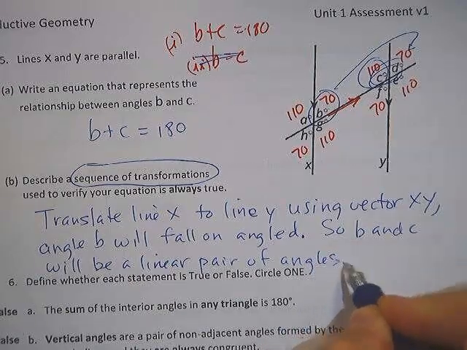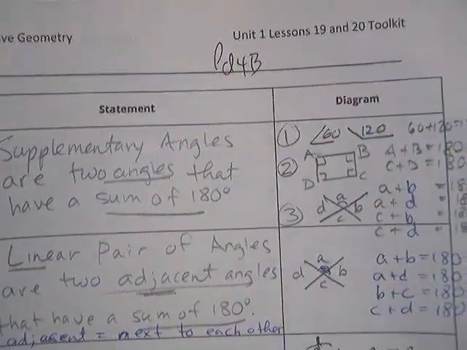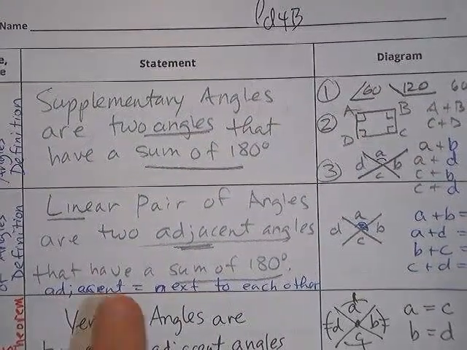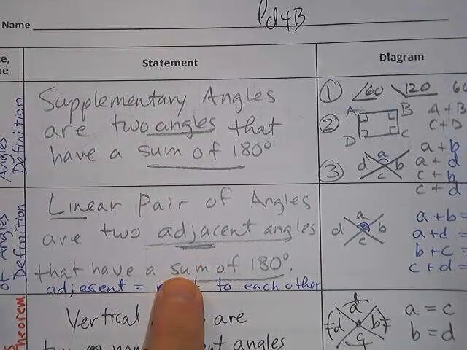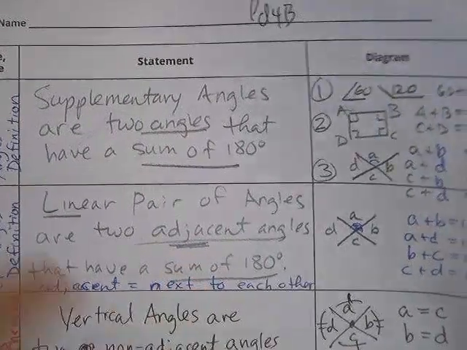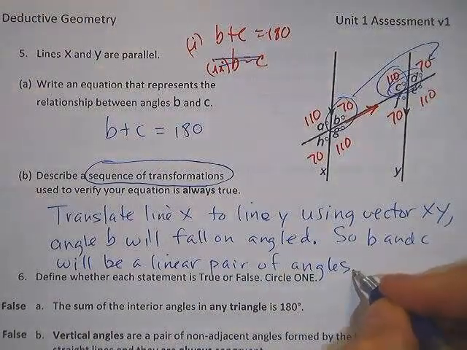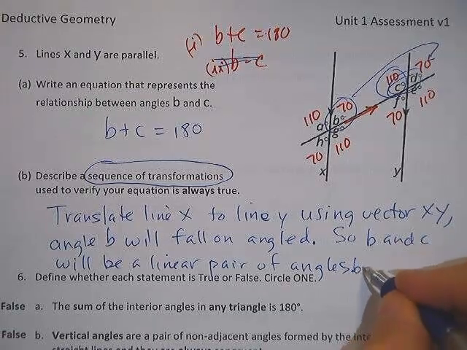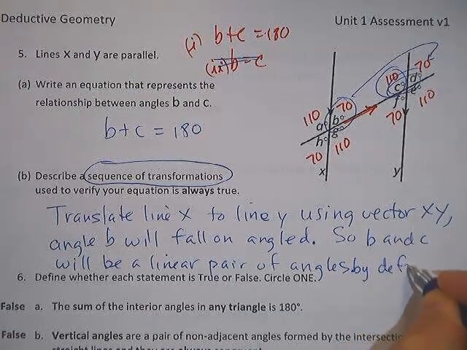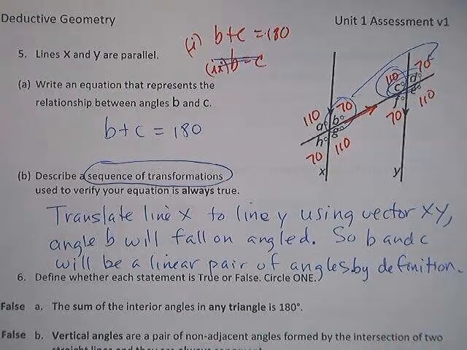If we go back to our theorem toolkit, or our definitions, a linear pair of angles is a pair of angles that are adjacent, they're next to each other, and they have a sum of 180. And this was a definition. So B and C will be a linear pair of angles by definition. By definition, they have a sum of 180.